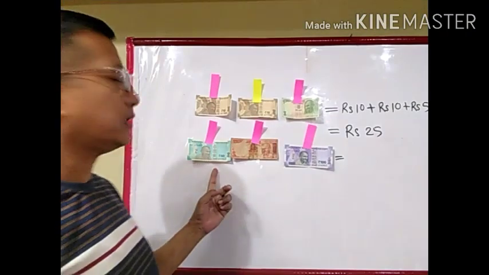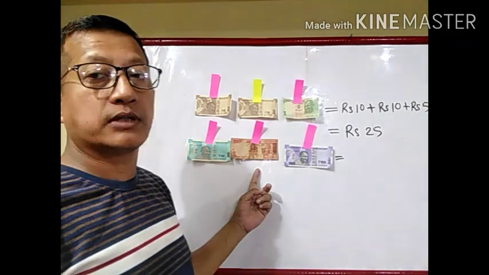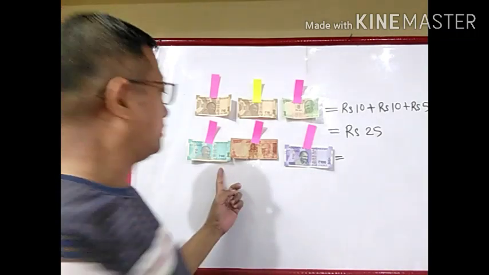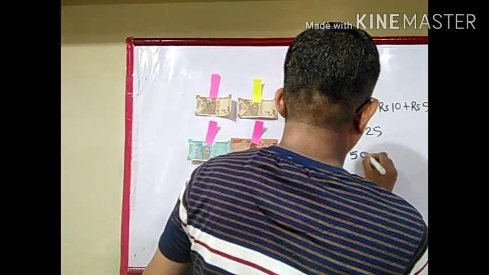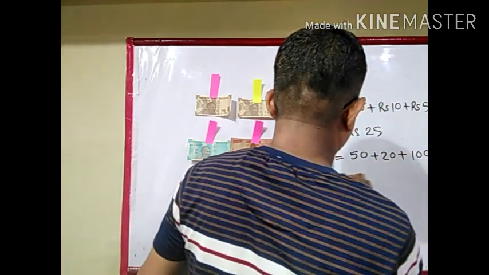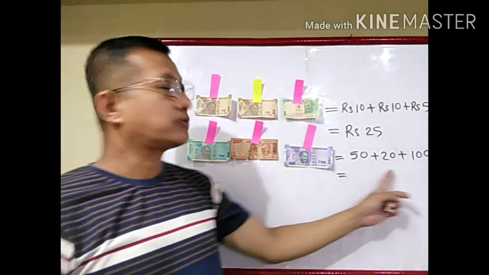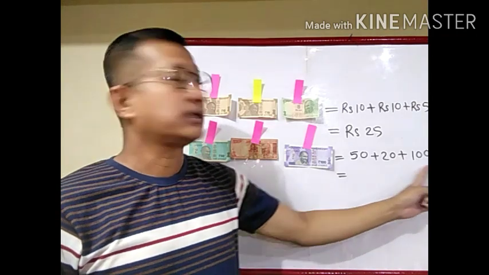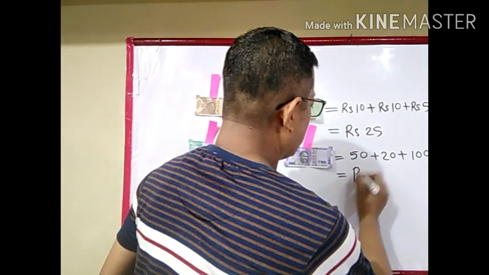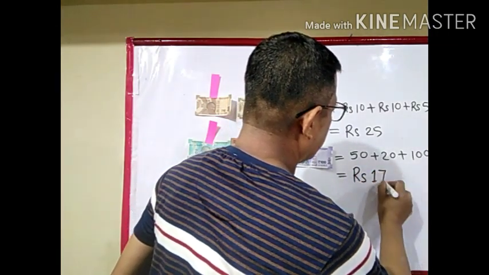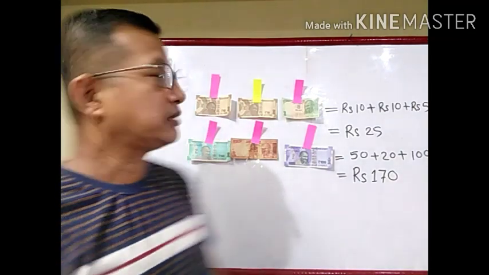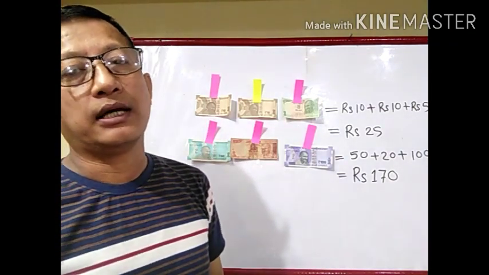Here this one 50 rupees, this one 20 rupees, and this one 100 rupees. Then total how much? 50 plus 20, 70. 70 plus 100, 170. So this amount is 170 rupees. This way we will add. Very simple. Addition you have done. See, money also you can add.